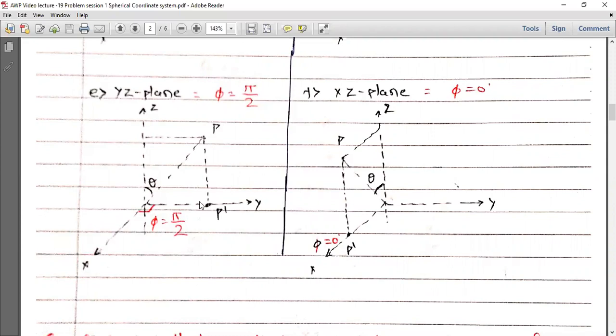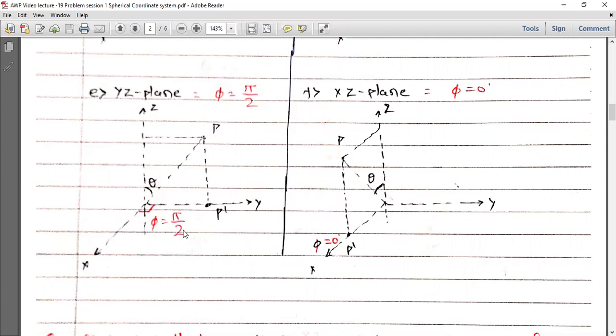So point P dash will be on the y-axis always, and the line OP dash, joining the origin with point P dash, always overlaps with the y-axis. That's why the angle between OP dash and the x-axis will be the same as the angle between the y-axis and the x-axis, and that's why the phi angle will always equal pi by 2.